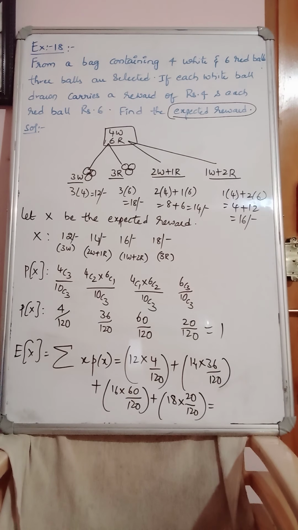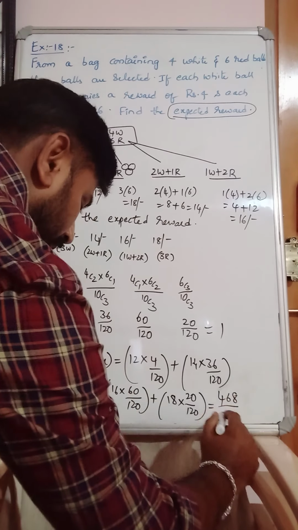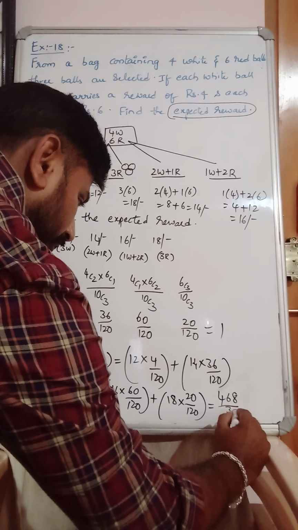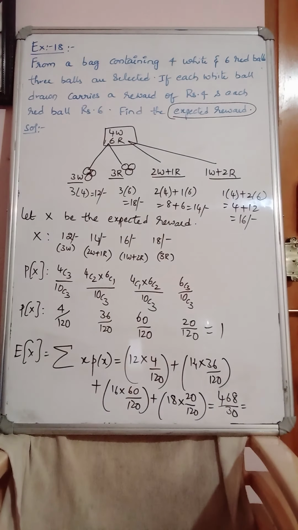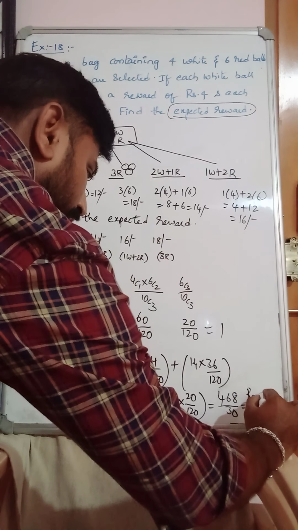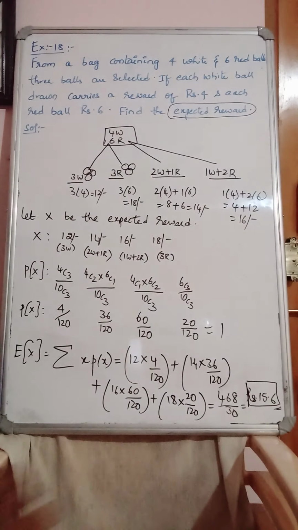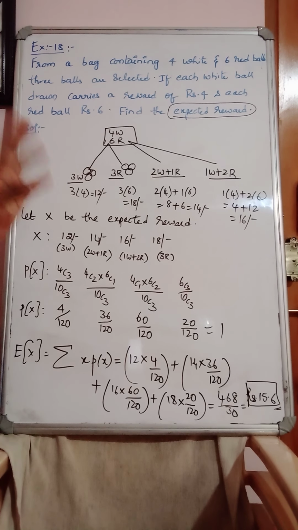After simplifying all these, you will be getting 468 by 30, that equals rupees 15.6, which is your expected reward. Am I clear?